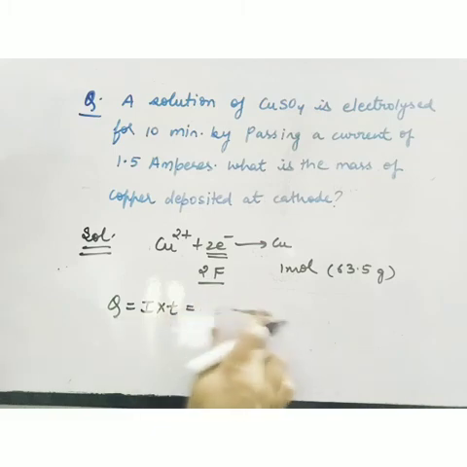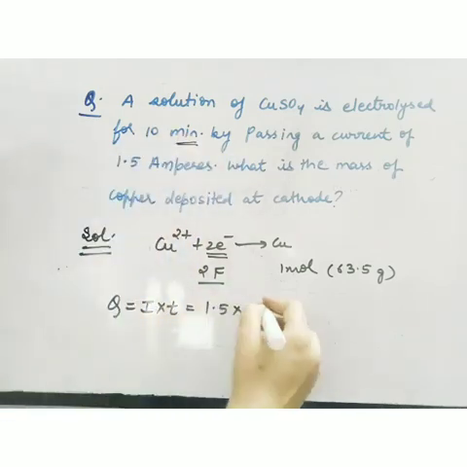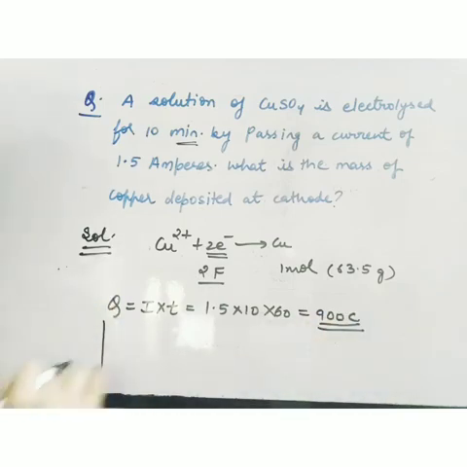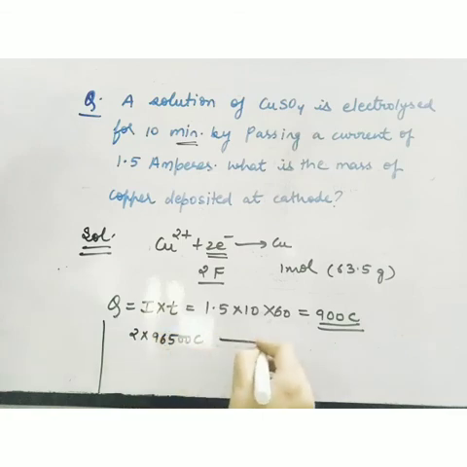Current is 1.5 into 10. Now the time is in minutes, so we change it into seconds, multiplied by 60, so it will be 900 coulombs. So we are passing 900 coulombs of charge. Now how to solve the question? 2 into 96,500 coulombs gives copper equal to 63.5 gram.